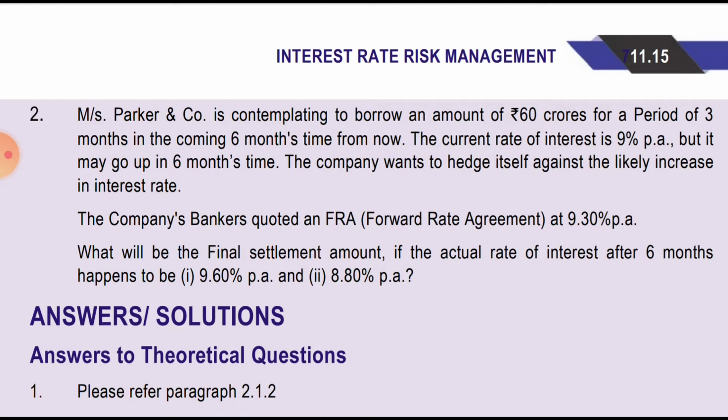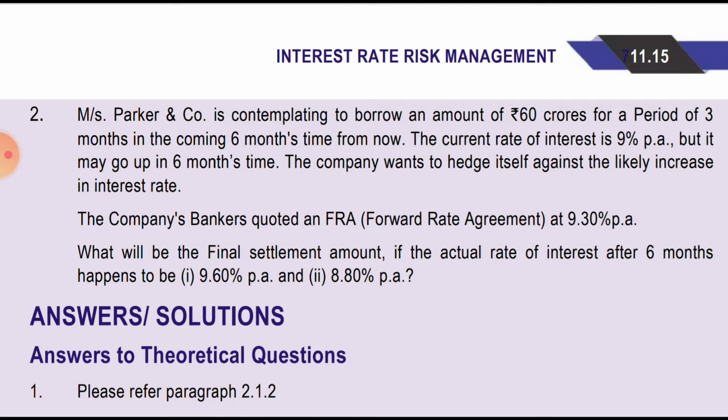So we take the principal amount multiplied by reference rate minus forward rate, multiplied by the time factor, that is 3 by 12 since we want the loan for 3 months, divided by 1 plus reference rate into time period. So 1 plus reference rate, which is 9.6 in the first case, into the time period 3 by 12. So we'll get the settlement amount.